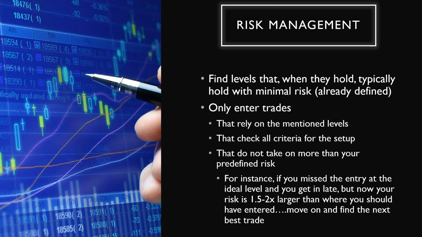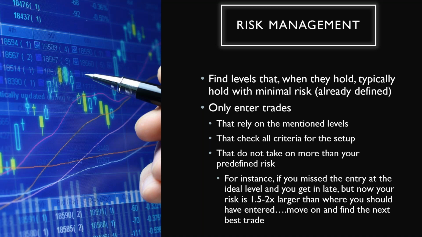As I mentioned at the beginning, risk management is probably the most important thing for a successful trading system. I've said this before, and I think a lot of other people have also said, you could have a crappy trading system, but if you have good risk management, you could actually make money. In fact, there are so many different strategies for trading the markets, and the reason why they work is because you're using proper risk management, right?